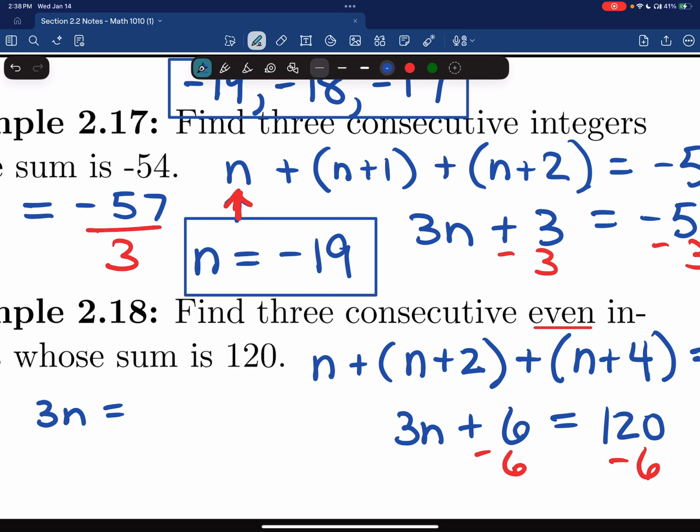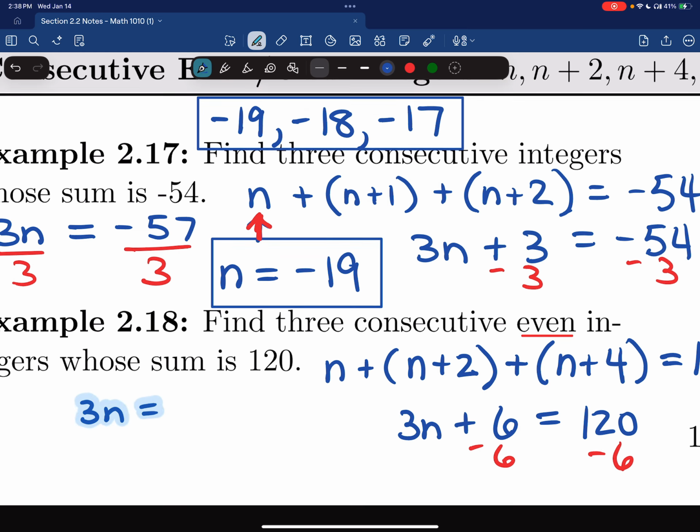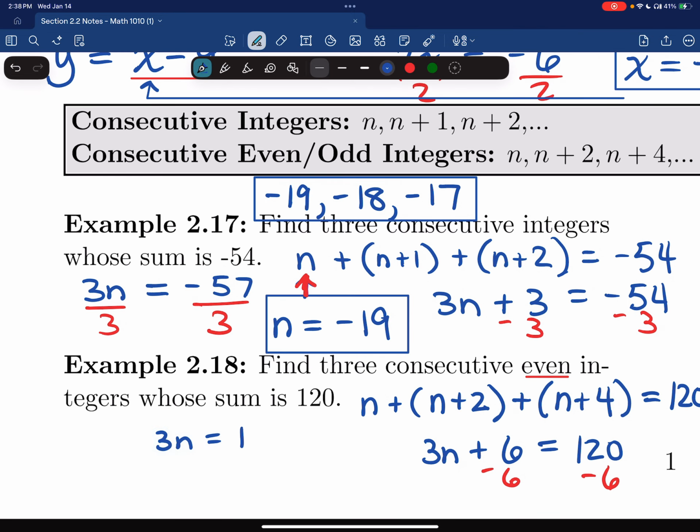120 minus 6 gives me 114. And now I'll divide by 3. And 114 divided by 3 gives me 38. Okay, so I have found that n equals 38.